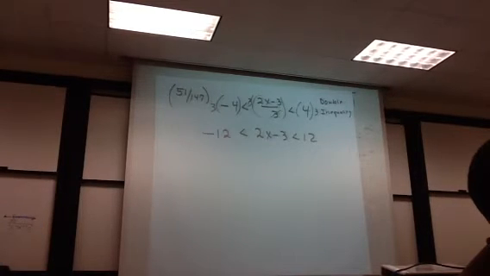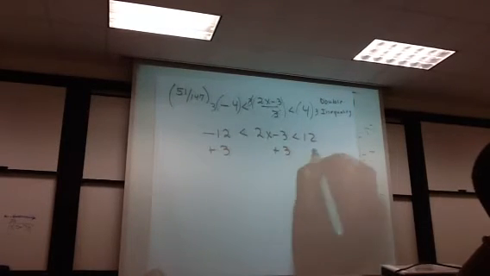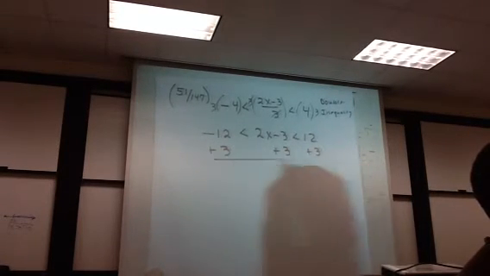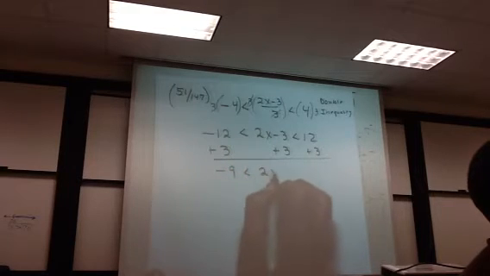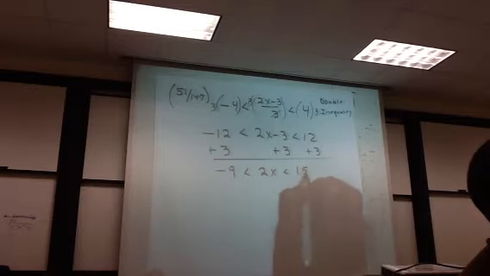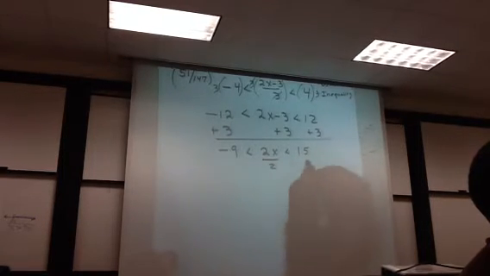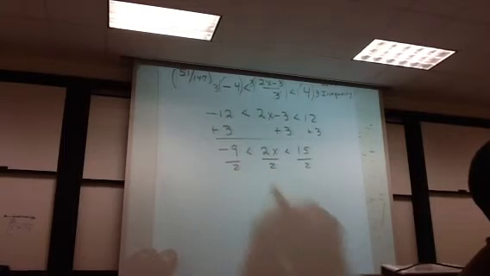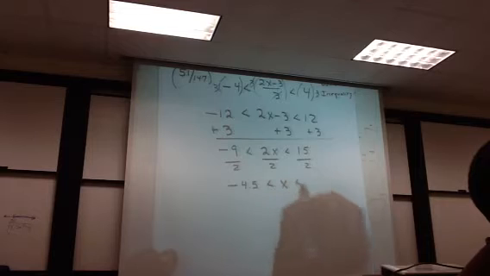So add 3 all around, please. Then you divide by 2, and there's the fractions that you wished for. So you can say 4.5 is less than x, less than 7.